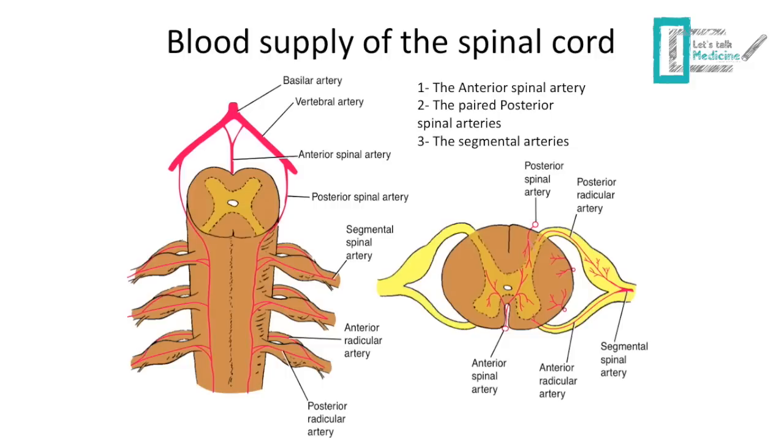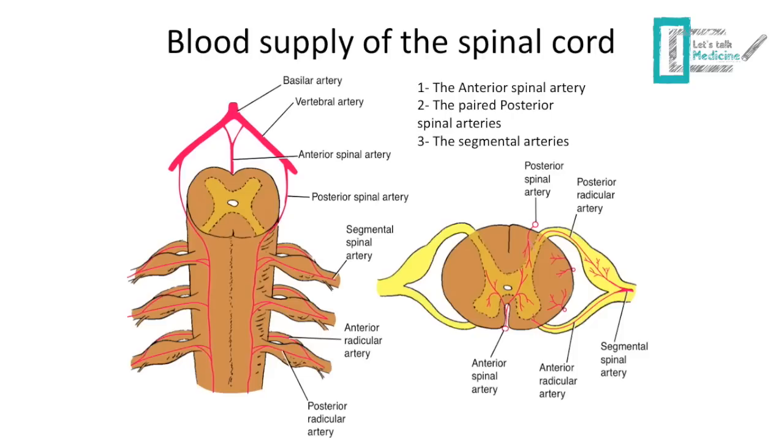Now, what are the segmental arteries? The segmental arteries are actually arteries that enter through the intervertebral foramina and actually reach the spinal cord itself. Now, they're called segmental arteries because each artery actually supplies a segment of the spinal cord.